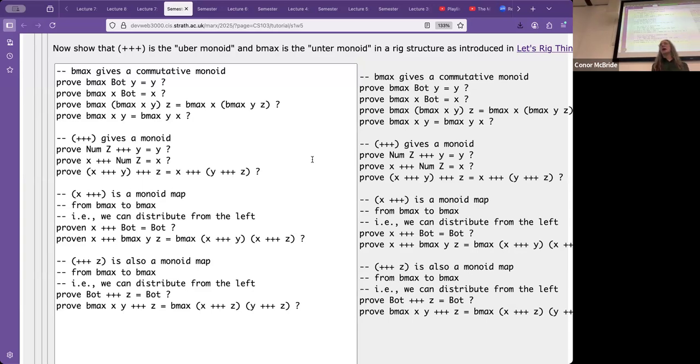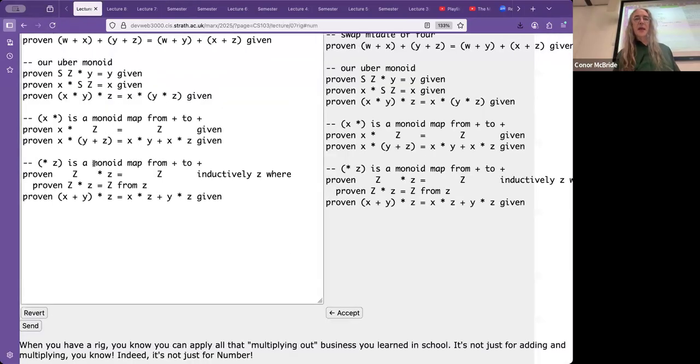I realize that I've been spending the last 4 weeks leading you up the garden path. And now we are kind of stopping and looking at a bit more of the garden. It's coming together. I mean, here's another thing you might notice: our rig involves multiplication and addition.